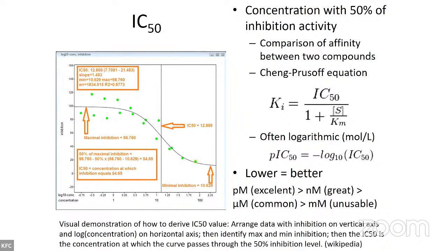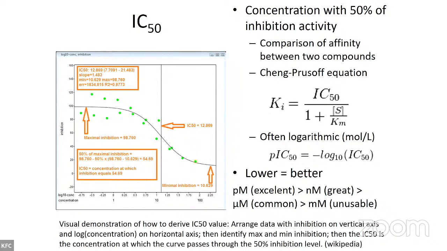So the approximation of IC50 towards the Ki as if they would be equal is not precise, but is often used because it's much easier to measure IC50 in the experiment than to get the Ki from the experiment, because usually it's hard to get these two things properly.